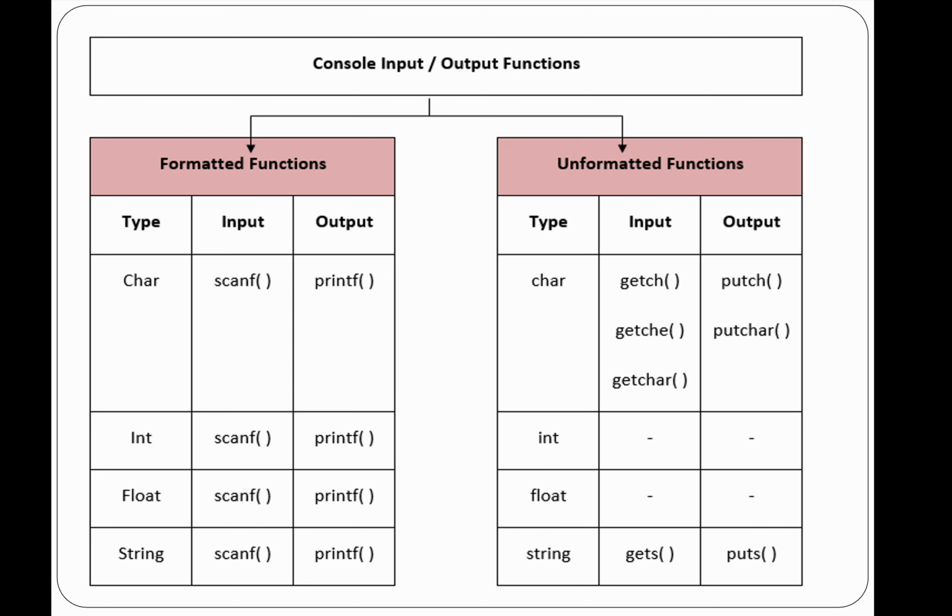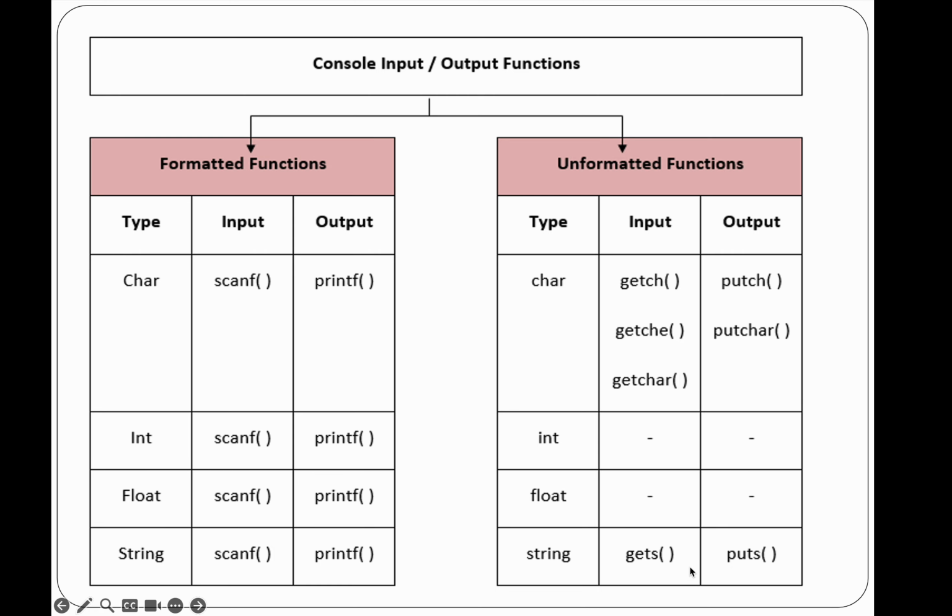I will discuss it with you in an example. So these are formatted functions. All the input can be done with the help of scanf, and all the output will be done with the help of printf. I'll make a separate video on how to pass the input through a scanf statement and how to print the result through an output statement. And unformatted functions support only character and string.